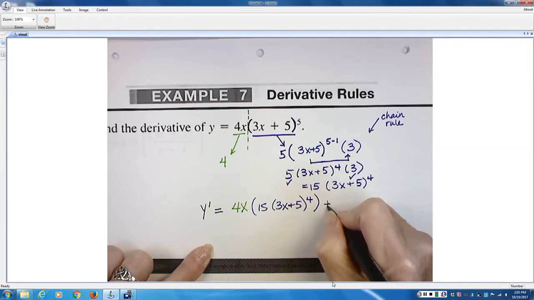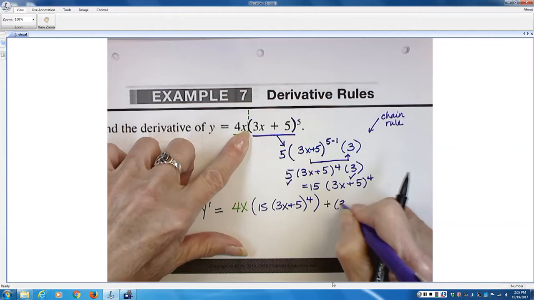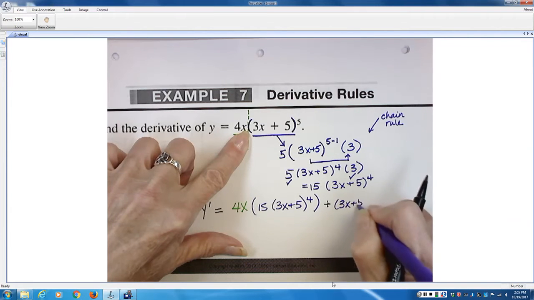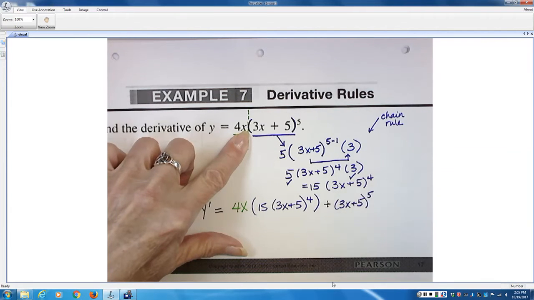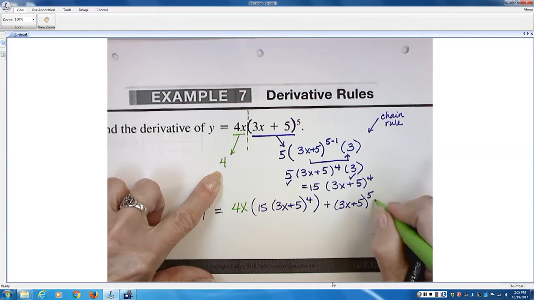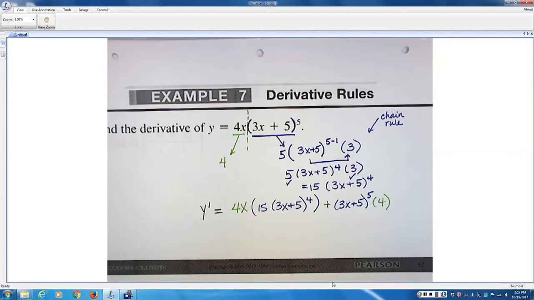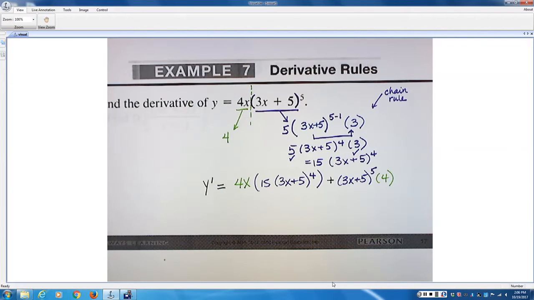And then you add your second factor, which is that 3x plus 5 raised to the 5th power, times the derivative of your first factor, which is 4. And it doesn't matter if you put the 4 behind or if you put it in front. That's up to you. Now you can simplify beyond that, but you don't have to. Your calculus is actually done at that point. Okay?